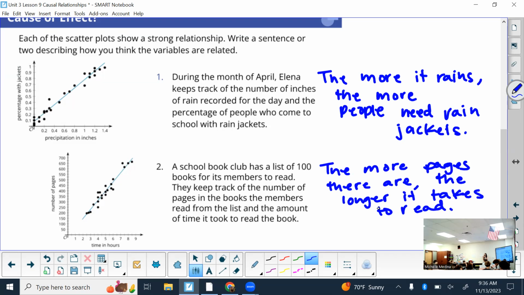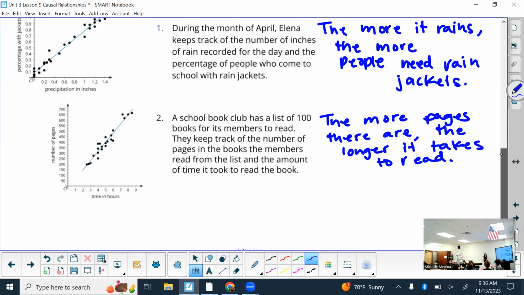The longer a book is, the longer it takes you to read. So that's what I would say. So yeah, as more time passes, there's more pages that they're having to read, but really it's the other way around. The more pages there are, the longer it takes to read. Make sense?